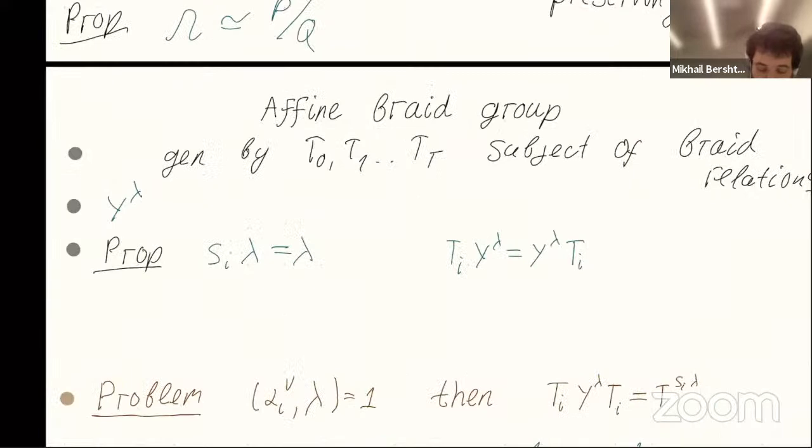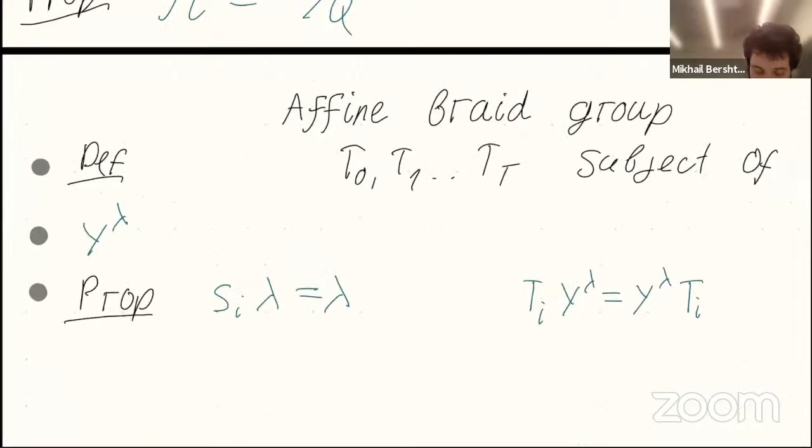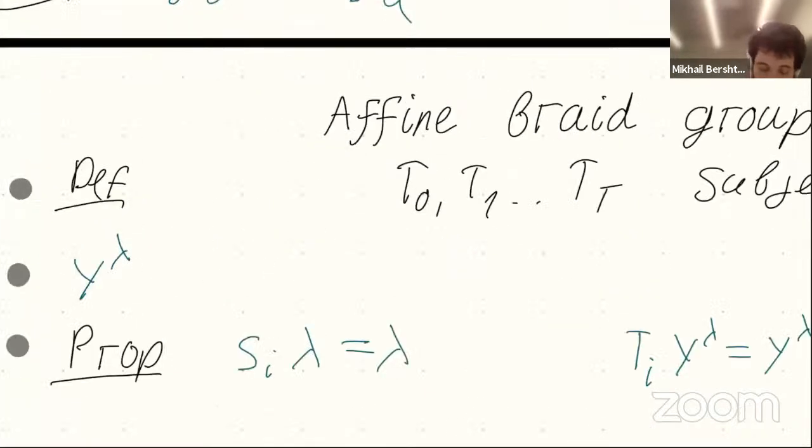So, definition. Affine braid group. Okay, let me write it.